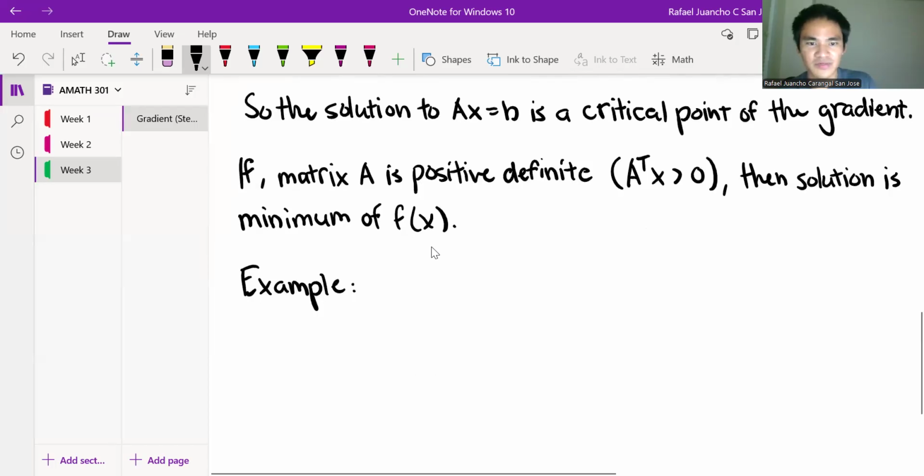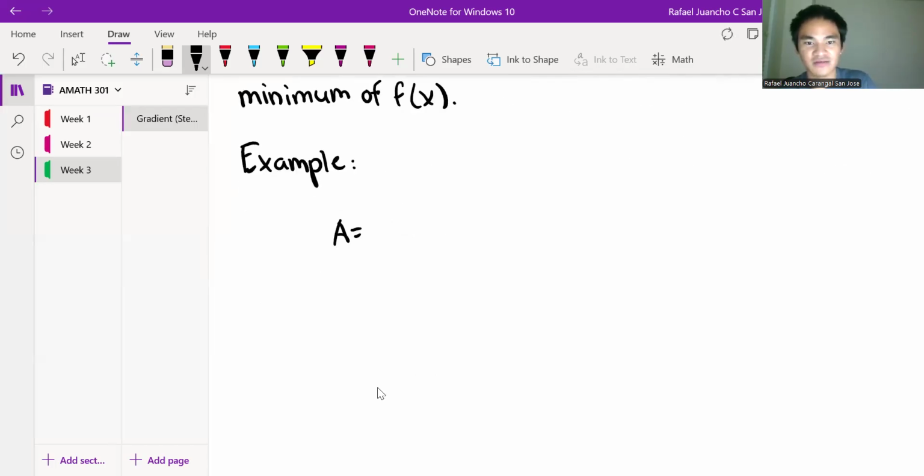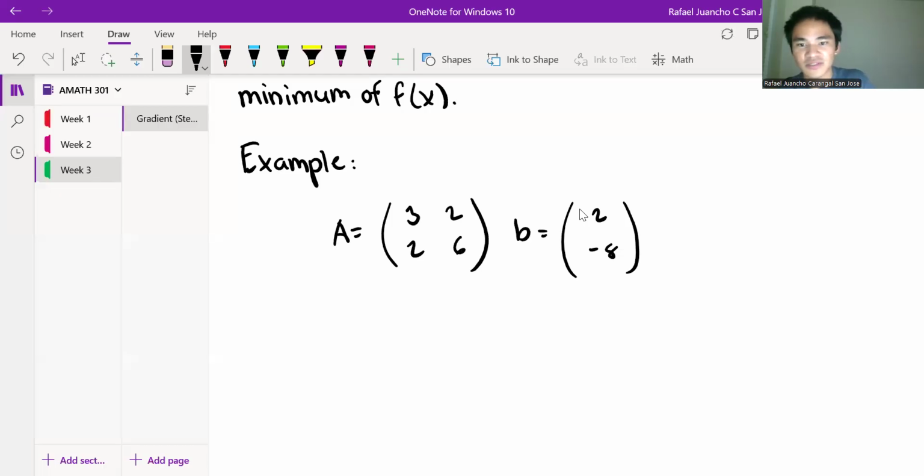Okay. So here we have a matrix A, and this has 3, 2, 2, 6. So it's a 2 by 2 matrix. We have a vector here, which is 2 by 1 in dimensions. And we have a scalar here that's 0. And so with this example, A and B, solving for x is a fairly trivial exercise, which yields the solution.